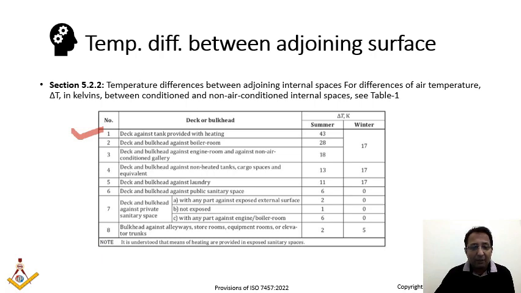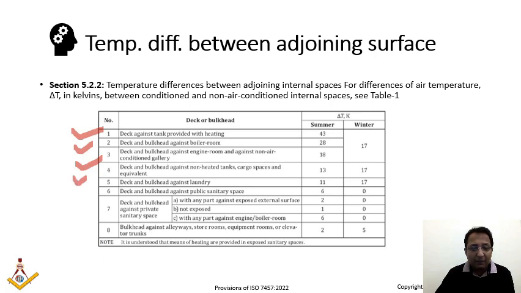Similarly, deck and bulkhead against the boiler room is mentioned over here. Then deck and bulkhead against the engine room and against the non-air conditioned galley, you need to consider 18 degrees Celsius. Then the bulkhead against the non-heated tank, cargo spaces and equivalent is 13 degrees Celsius.